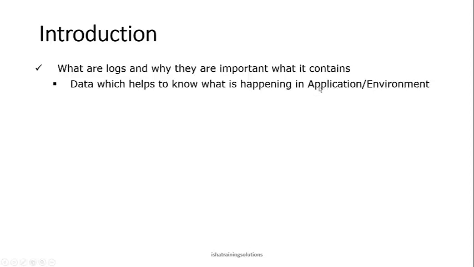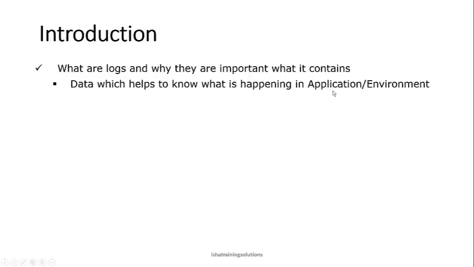In an application we will have different types of logs. They can be custom logs, or if it is Apache Tomcat you will have the Catalina and Apache access logs, and if it is a JBoss server you will have the JBoss logs.